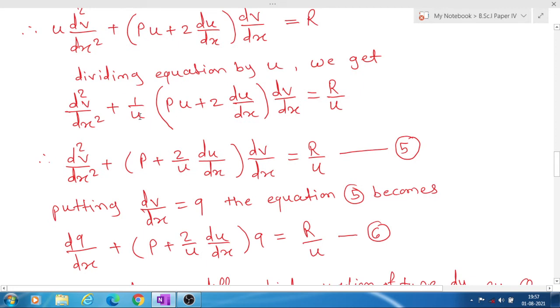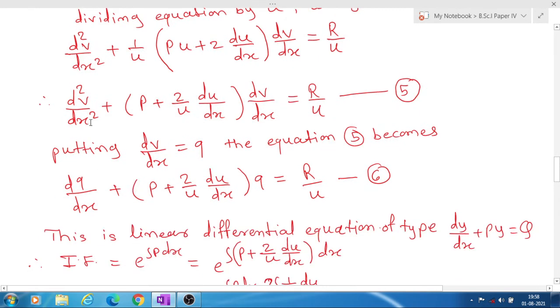So this 1 upon u means dividing these terms in the bracket by u, we get in the bracket this pu upon u means only p plus this 2 into du by dx upon u means 2 upon u into du by dx. So equation becomes d2v by dx square plus p plus 2 upon u into du by dx into dv by dx is equal to r upon u.